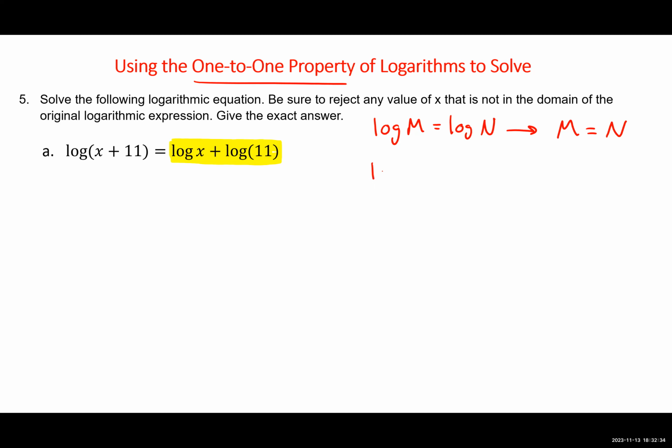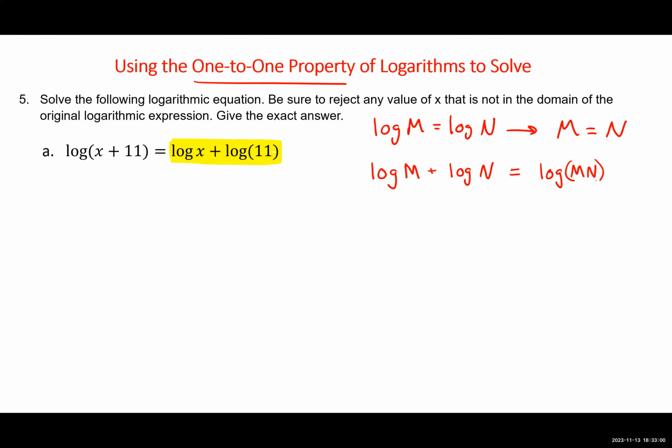So you can't solve these equations without these tools, these log rules. So the log of m plus the log of n is equal to the log of m times n.